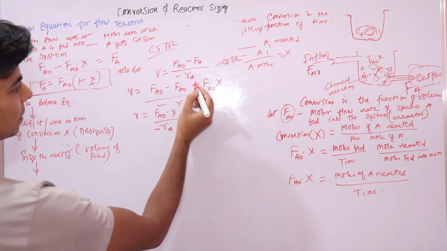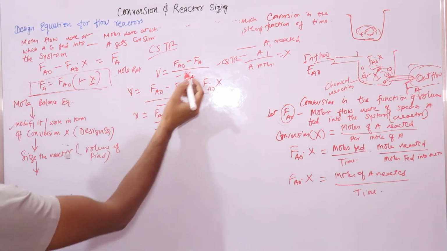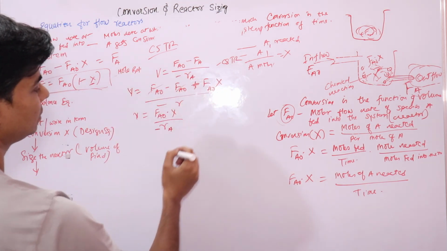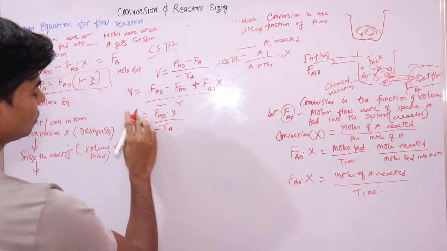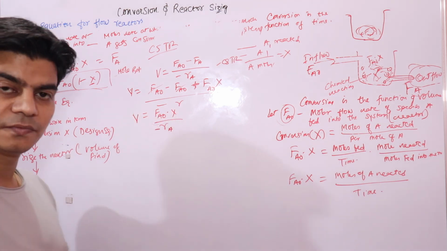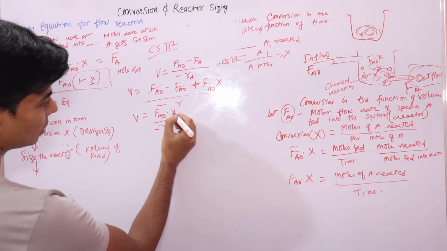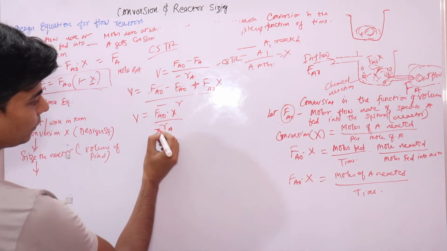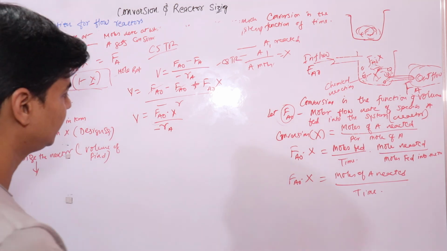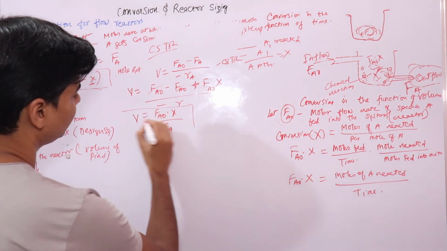These two terms will cancel out, so volume is equal to Fa0, what is fed into the reactor, times conversion x, divided by the reaction rate. So this is your design equation.